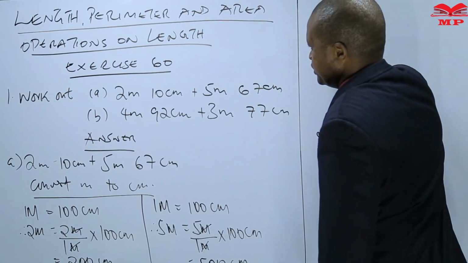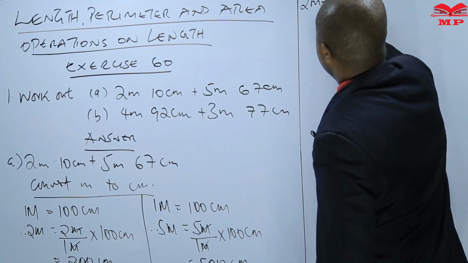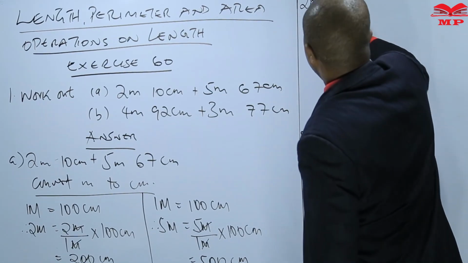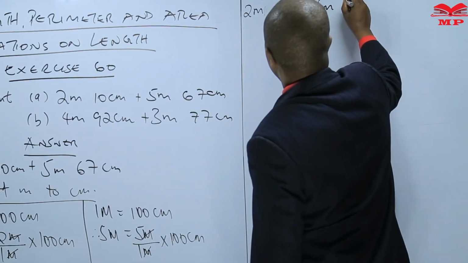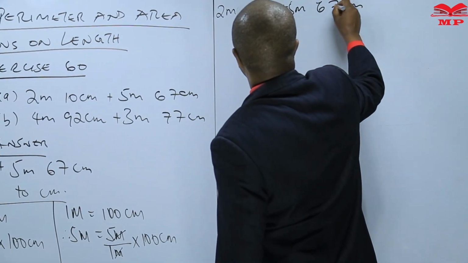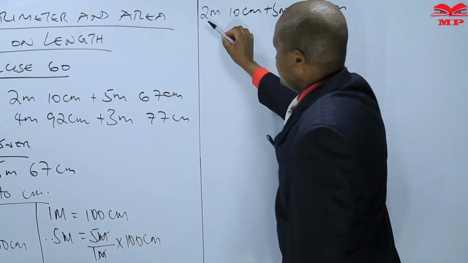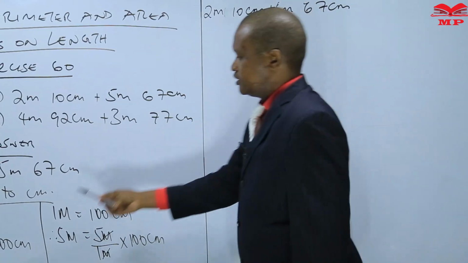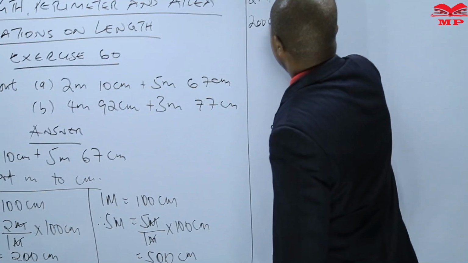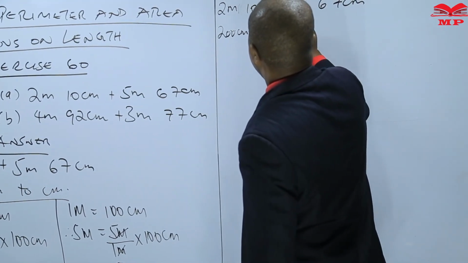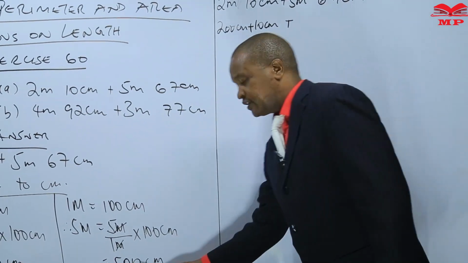The question is 2 meters and 10 centimeters plus 5 meters and 67 centimeters. So you have seen 2 meters make 200 centimeters. So here we have 200 centimeters plus 10 centimeters plus we have seen 5 meters make 500 centimeters.